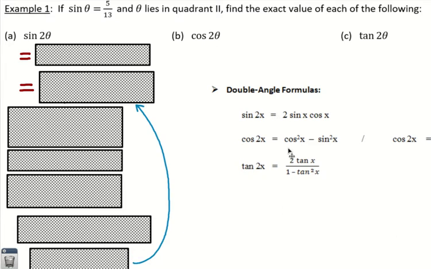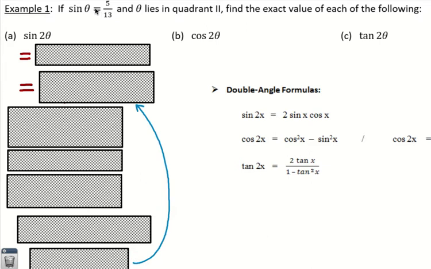The double angle formulas say, for example, if you have some angle x and you're doing the sine of 2x, that's why we call it a double angle, this is equal to 2 times the sine of x times the cosine of x.